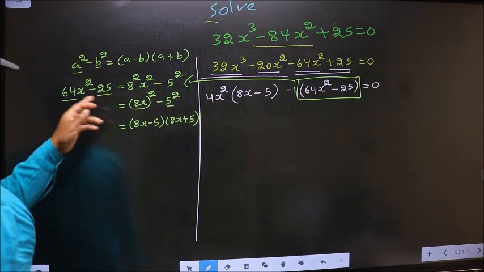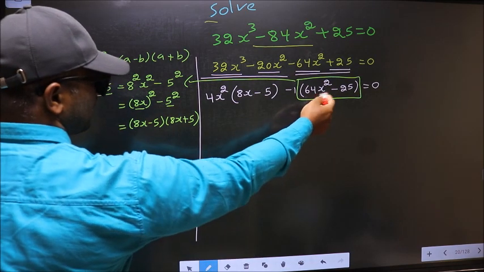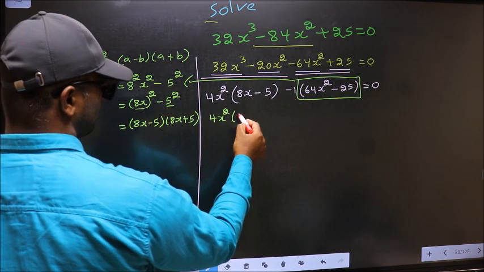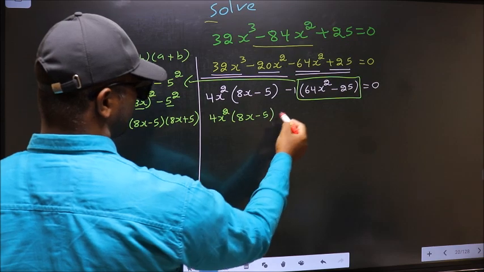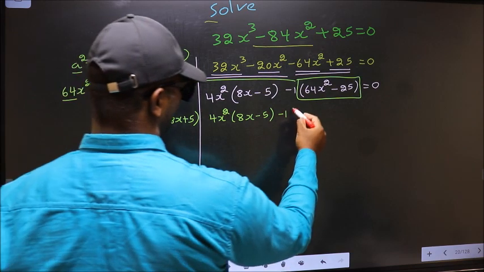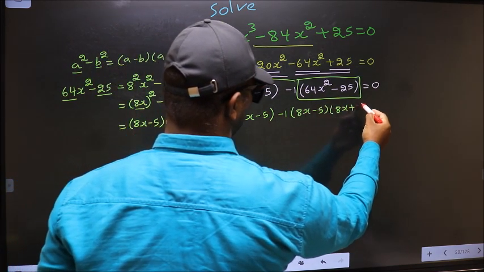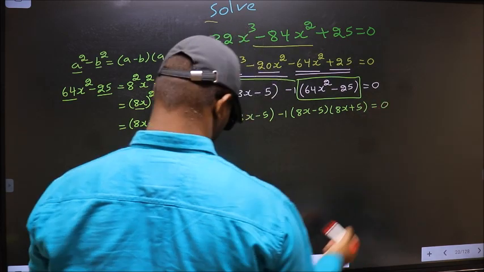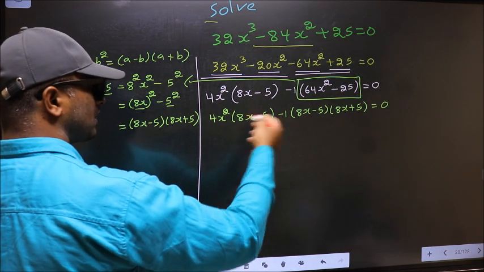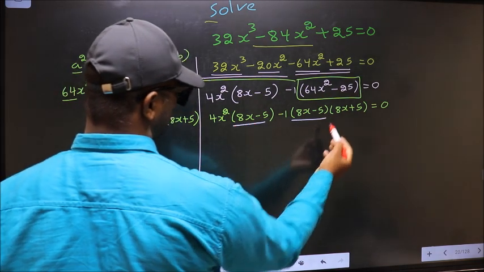Now in place of this quadratic we should write this over here. So this equation becomes 4x square times 8x minus 5, minus 1, in place of this 1, 8x minus 5, 8x plus 5 equal to 0. Next, what can be taken out common from this entire equation is 8x minus 5.